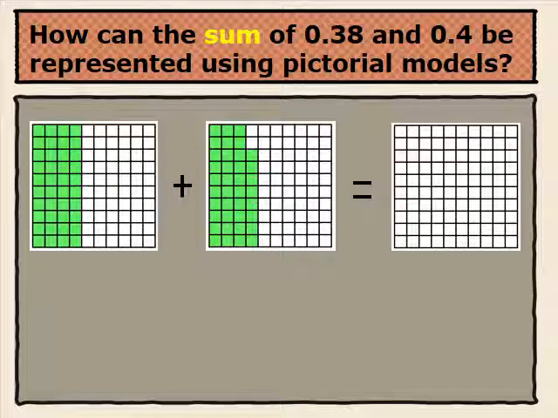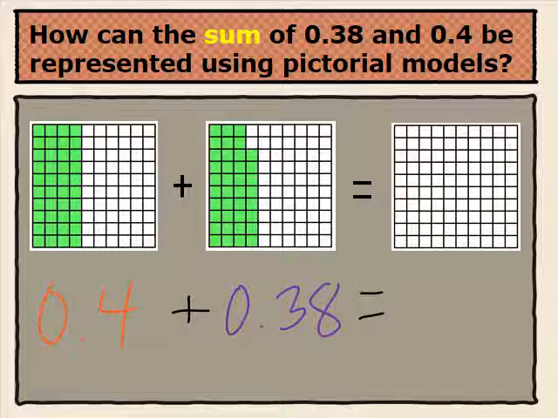How can the sum of 38 hundredths and 4 tenths be represented using pictorial models? The first pictorial model of the decimal square is shaded to equal 4 tenths. The second pictorial model is shaded to equal 38 hundredths. We're adding them together.